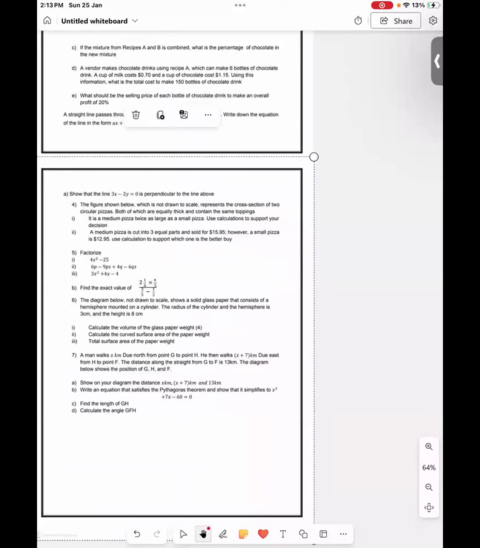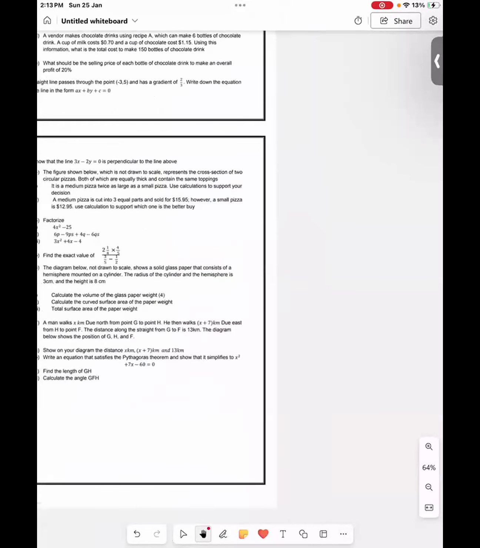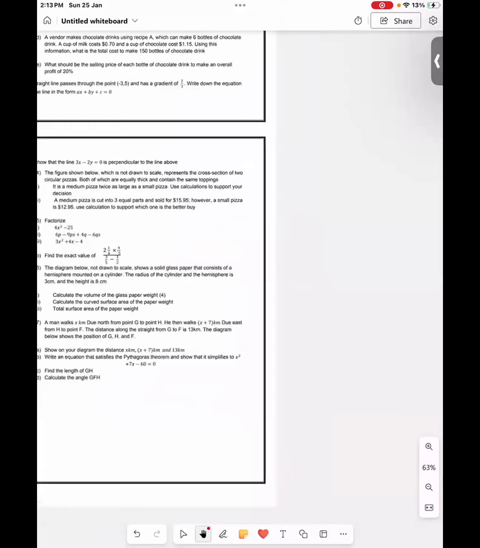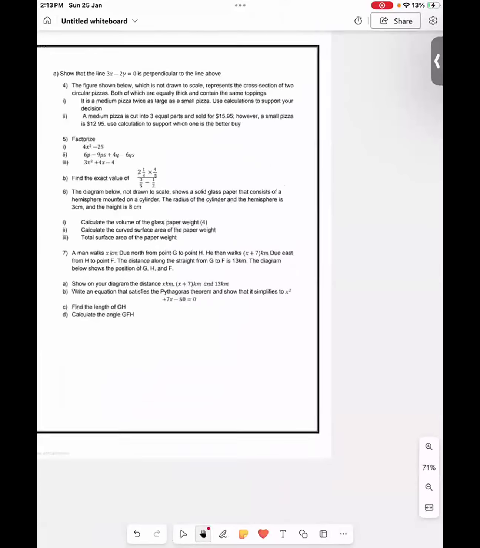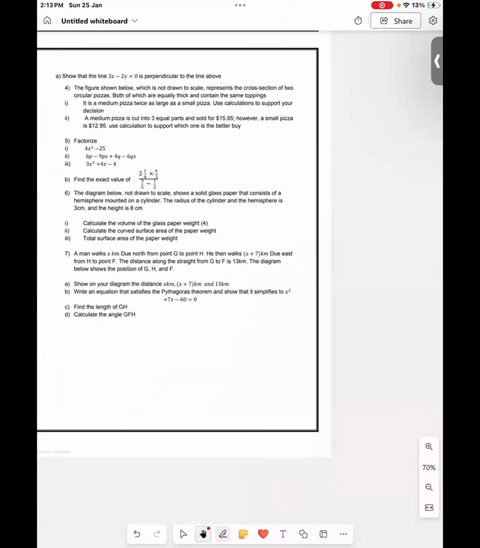All right, so this is the paper that we're actually working on today. I'm going to go ahead and resketch the diagram down here for you. So what we're looking at here is this shape.